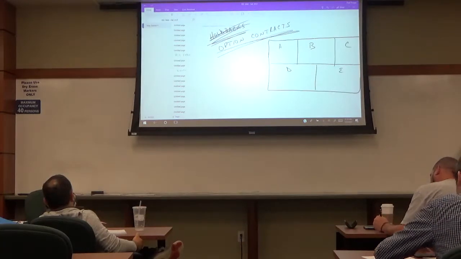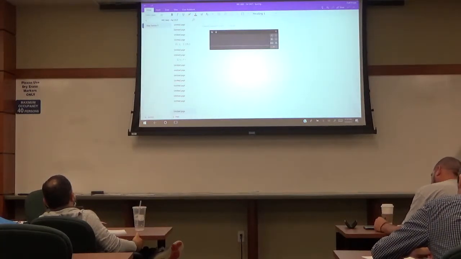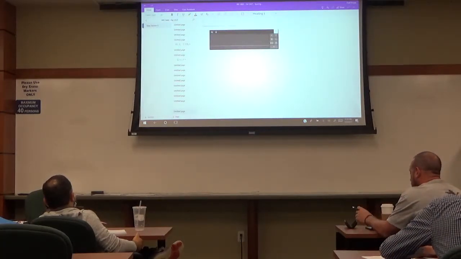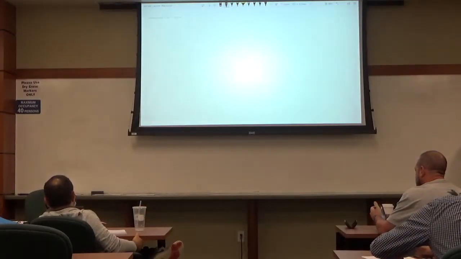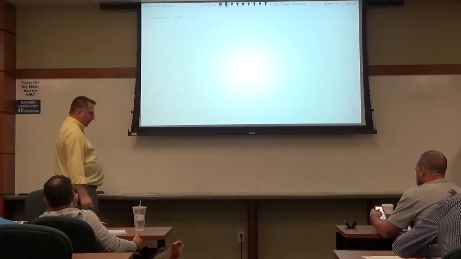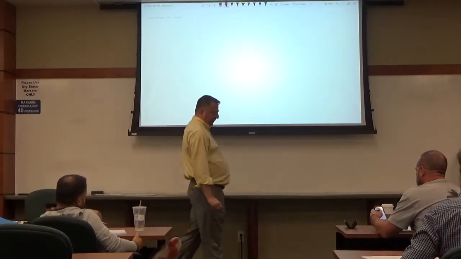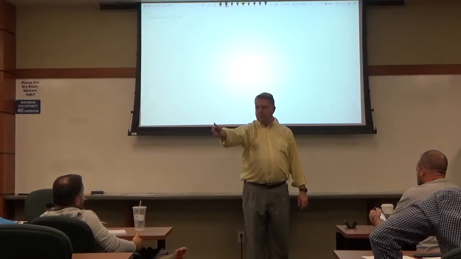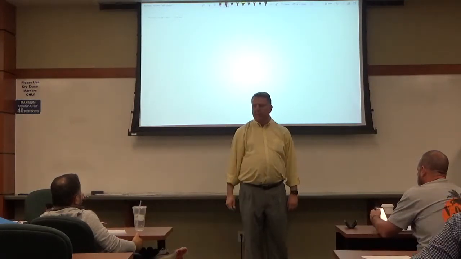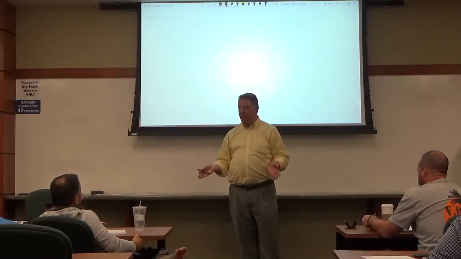Can you also use an option contract to process the land through a rezoning? Yes, that's a good point. You could say, all right, I want to buy your land. Your land is currently zoned for agricultural use, but it's worthless to me as agricultural.